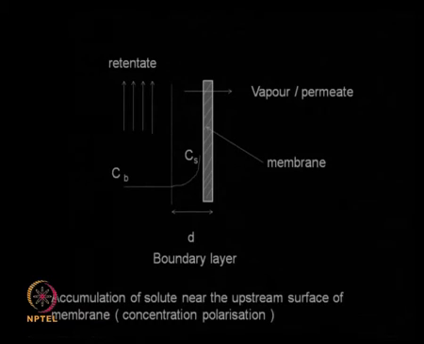So, if you look at this again, the concentration in the bulk will be much lower than the concentration of the solute near the surface, and this is going to slow down your filtration process, and this becomes very serious as you keep on doing the filtration.